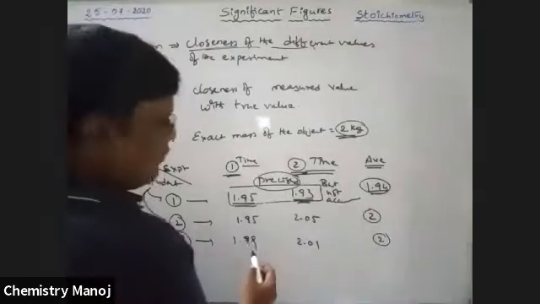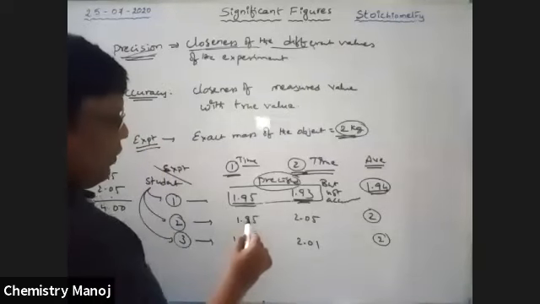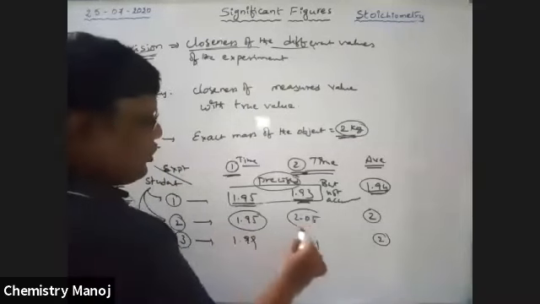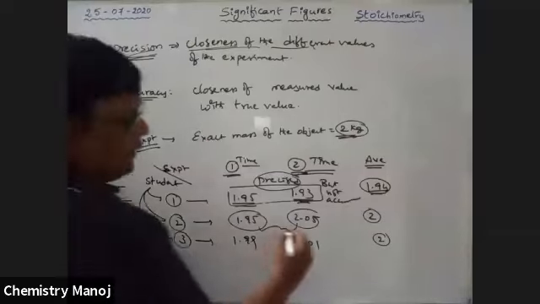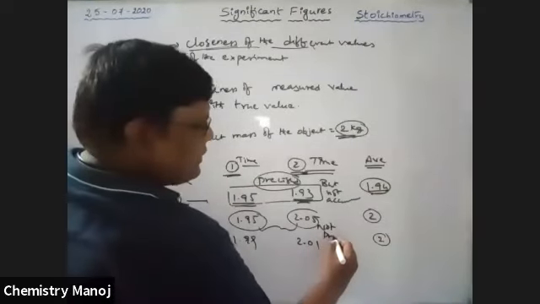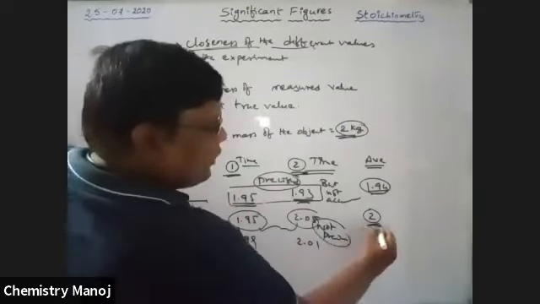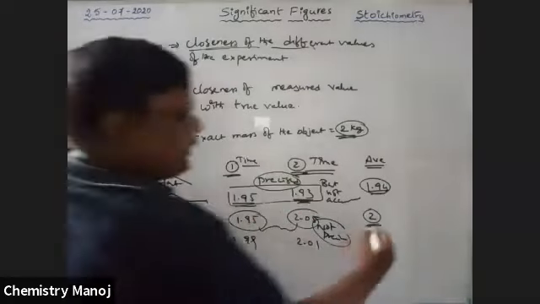See here, in the second student, 1.95 and 2.01 are very far away from each other. That is not precise, but the value is equal to 2, so it is accurate.